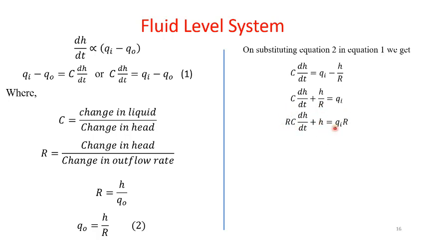So taking R to the other side, we get R C dH by dt plus H is equal to Qi into R.